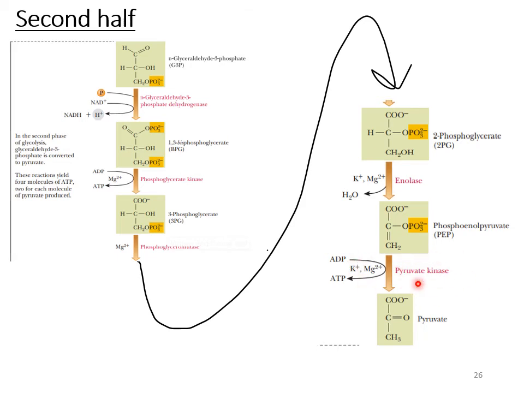I want you to circle, star, highlight that pyruvate kinase is the very last of the enzymes in glycolysis, because just like hexokinase was the first one, basically an important control point to be inhibited, pyruvate kinase is another control point to be inhibited, and we're going to talk about that in a few minutes.